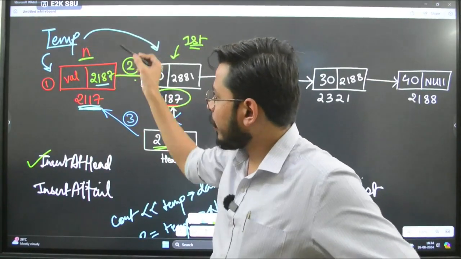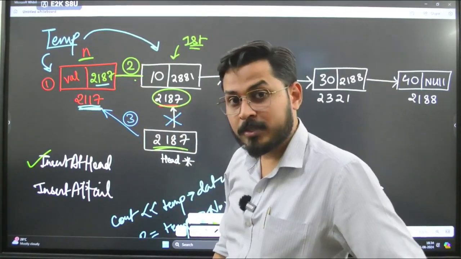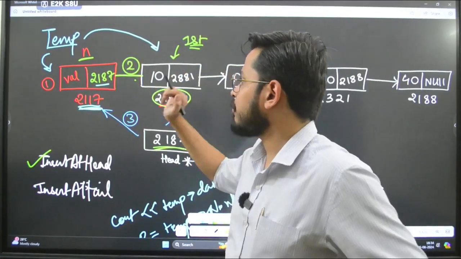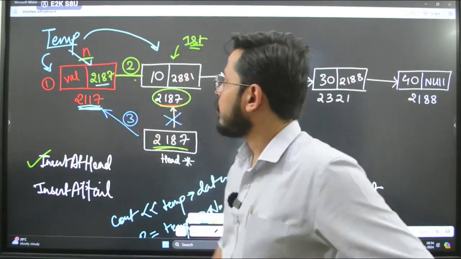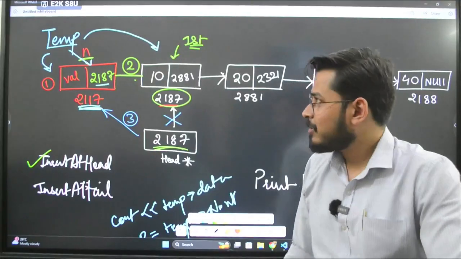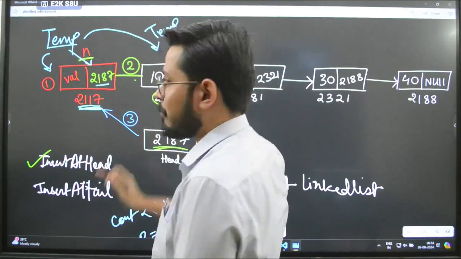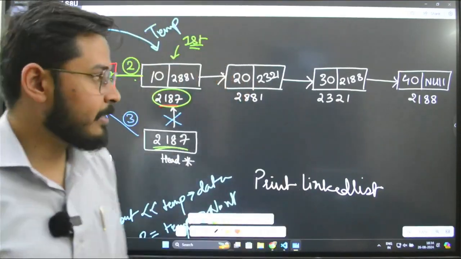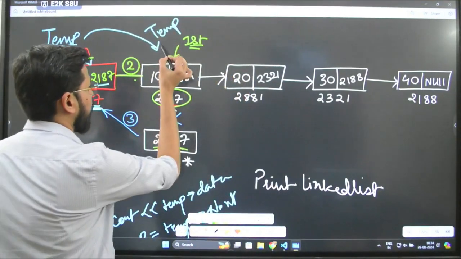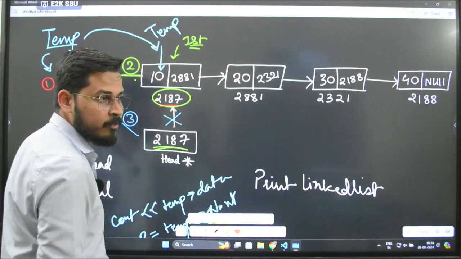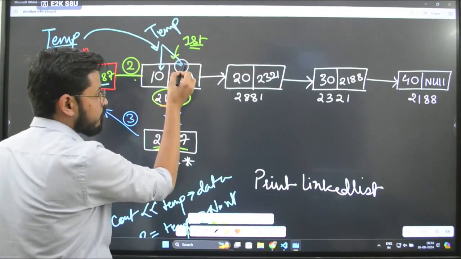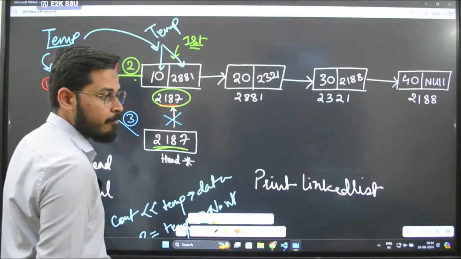Then temp, you access your own next, and when you access your own next, you will be able to jump to the next node. So temp came here right now. Temp came right here, and when temp came right here, cout temp of data, and then temp is equals to temp of next. Clear?